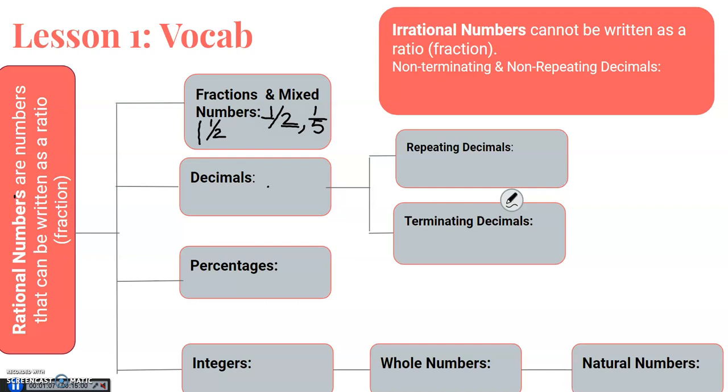Decimals include that period and following numbers. So we have 0.5 and 0.25. So today we are going to learn how to rewrite these as each other. So these are two ways to write ratios.